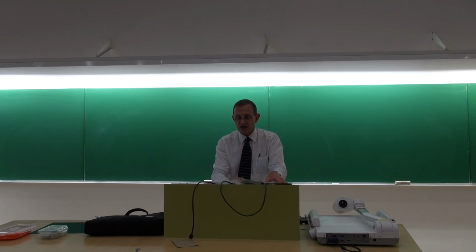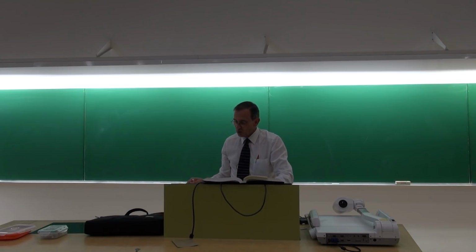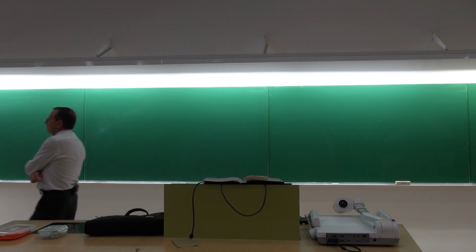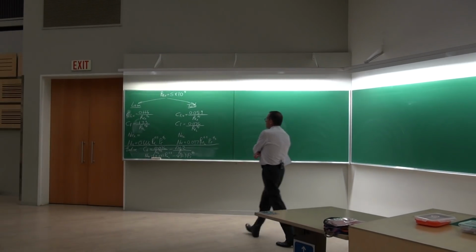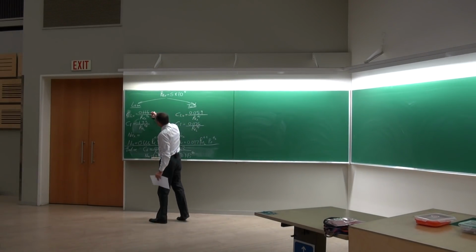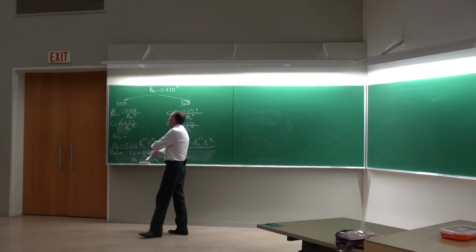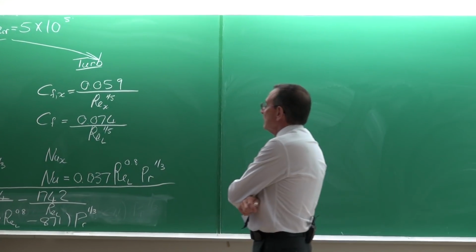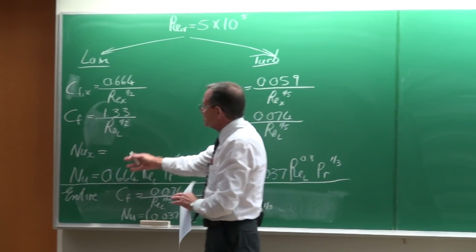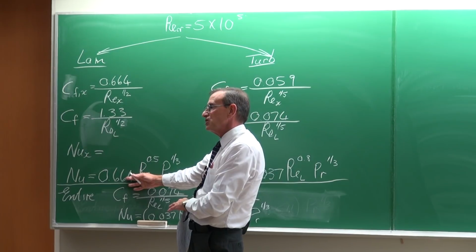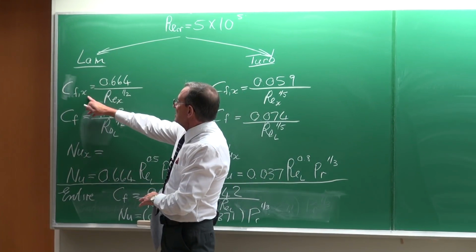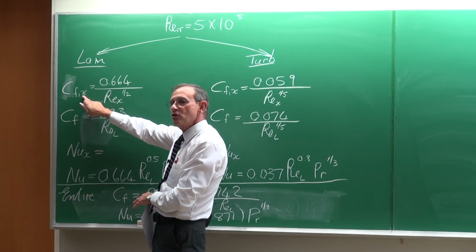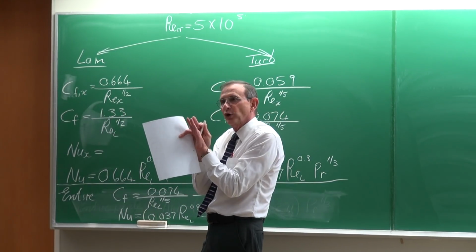And with the previous lecture, we just quickly revised your fluid mechanics part, which are about the skin friction coefficients, the average coefficient, the average drag coefficient of a flat plate. But then we've also introduced the Nusselt numbers, which takes into consideration the heat transfer. So anything like this, CFX or the Reynolds X, means it's the local value at a specific point.